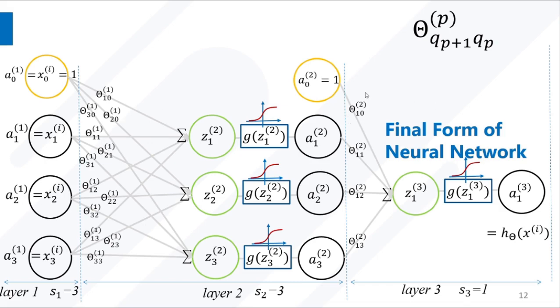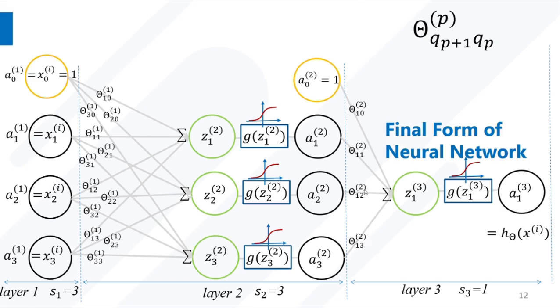Similarly, for the second layer, the layer connected to these thetas, theta 1 0, because 1 is the unit number of the next layer, and 0 is the unit number of the first layer. So 1 0, 1 1, 1 2, 1 3, and every time the superscript is within bracket 2.